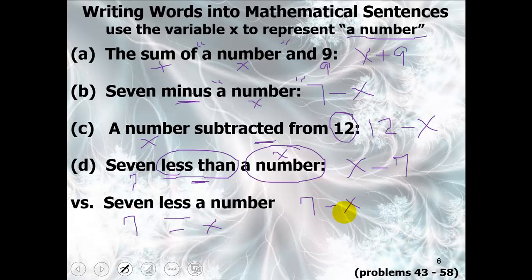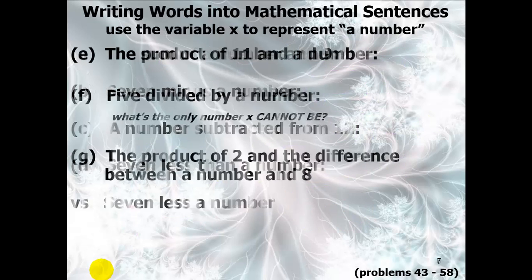So 7 minus a number and 7 less a number look exactly the same. Okay? It's less than that you've got to be careful of.